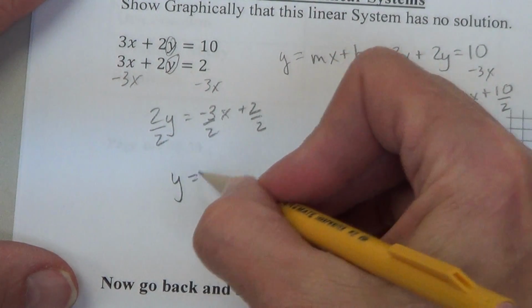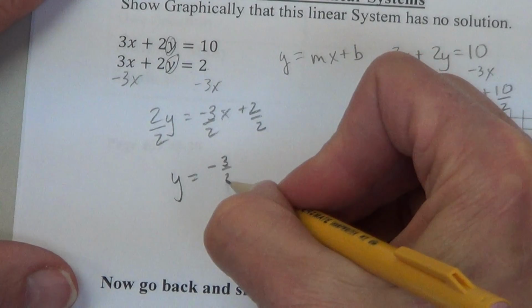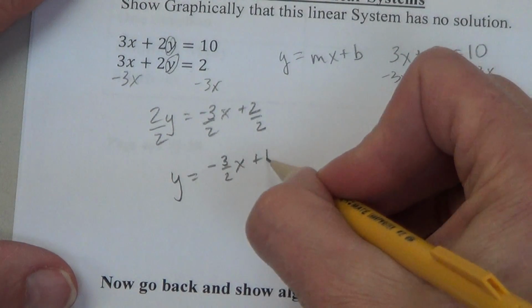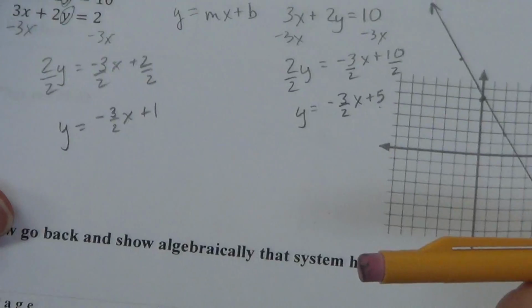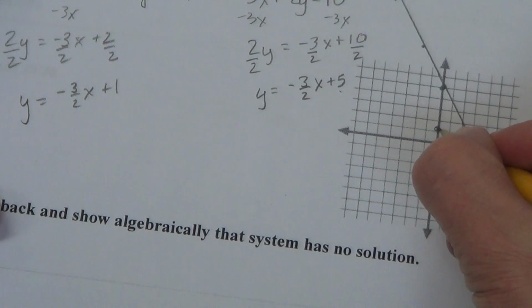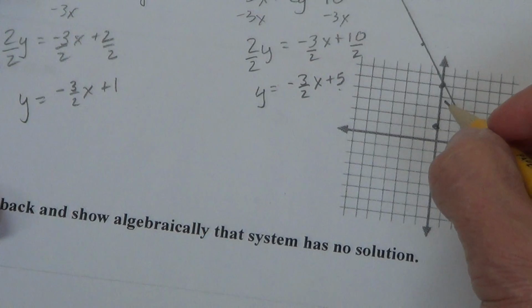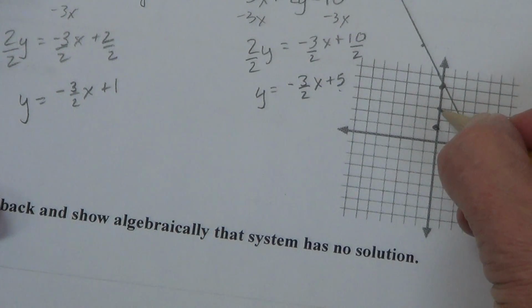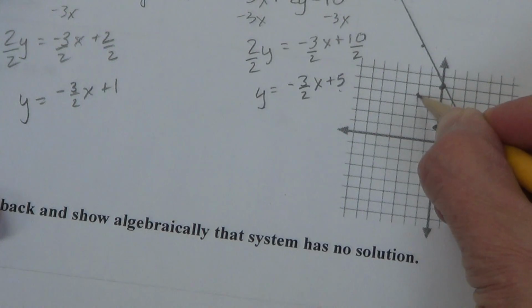So y equals negative 3/2 x plus 1. So our y-intercept this time is a positive 1. We plot that. From there we rise 3, 1, 2, 3, and we run 2 to the left.